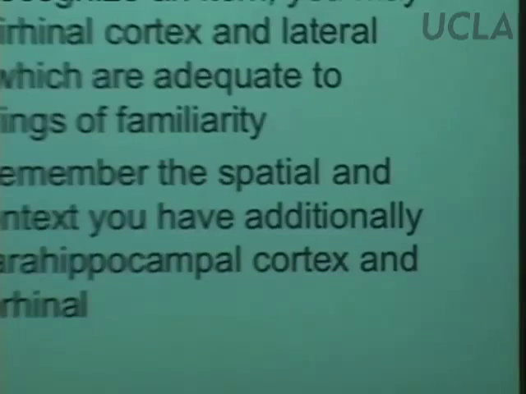So based on these kinds of data, Eichenbaum and Lipton draw them together and develop a theory. What they posit is that when you recognize an item, say next week when you take that memory test and you recognize one of the words, or you see somebody in Ralph's and you say, oh, I know that person, or an object that you've seen before, anything like that, you can activate the perirhinal cortex and thus the lateral entorhinal cortex.